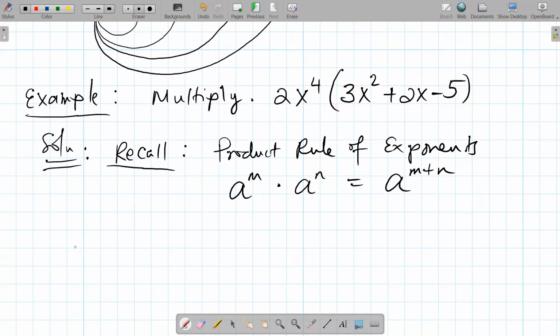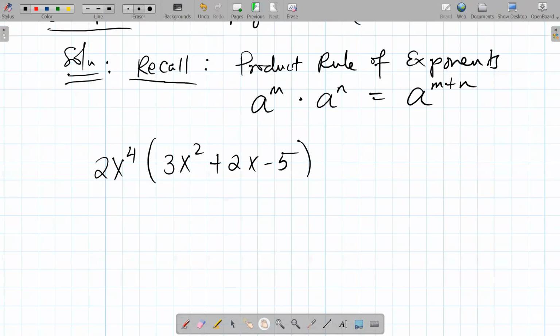Yeah, so we have 2x to the 4th, times 3x squared plus 2x minus 5. So think of it carefully. It's going to be 2x to the 4th. Note that this is going to go that way, multiply that way. That also multiplies that. And that also multiplies this.